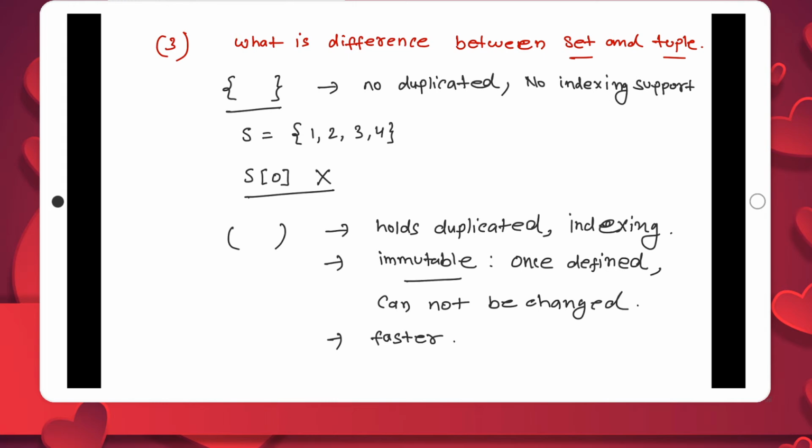Alright, now let's go ahead and cover our question number 4 here. So now we have our question number 4. In question number 4, I am asking about what is the difference between list, we have already covered that one.